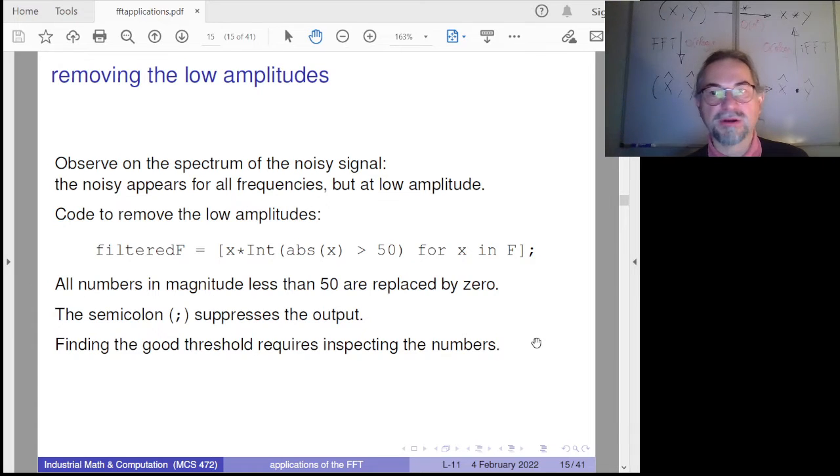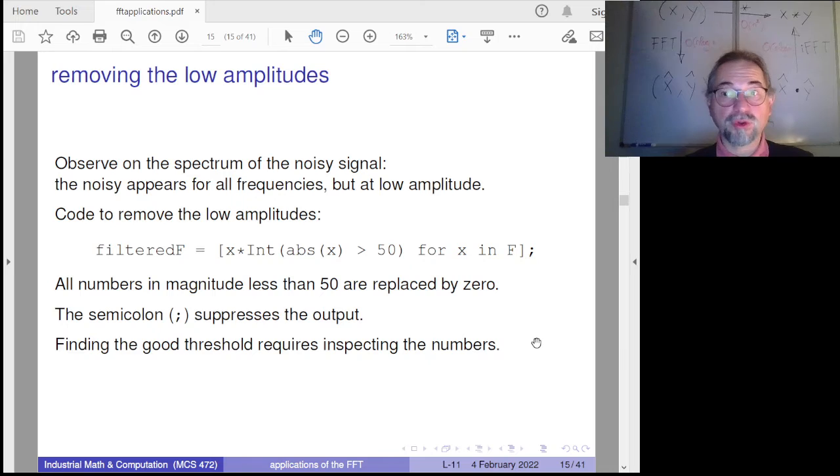We want an array of the same length. So we have our output of the FFT, the capital F, and we multiply every number by 0 or 1. It will be a 1 if the absolute value of the number is larger than 50. The 50 seems very arbitrary, but I looked at the numbers. Here I spared you the numbers.